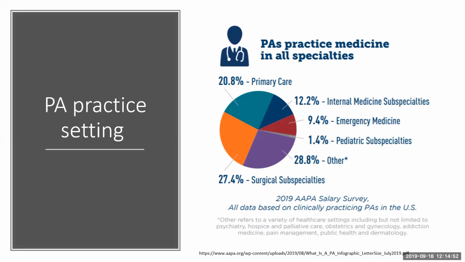The majority of PAs now, as of about 15 or so years ago, work in subspecialty practice, but family medicine remains the number one specialty of all PAs at about 25 to 30%, it's expected. But again, most PAs now work in specialty practice.